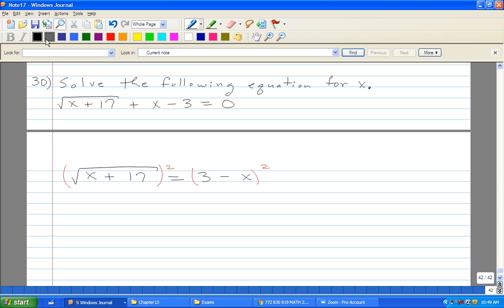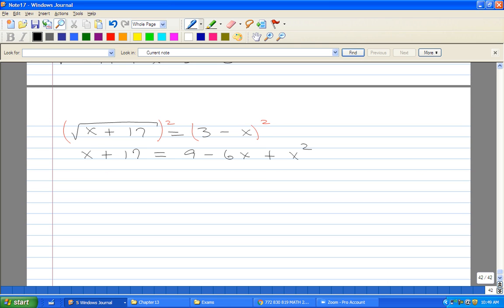The square gets rid of the square root. And by the special product formula, this is 9 minus 6x plus x squared. Subtract x from both sides of my equation. Subtract 17 from both sides of my equation.